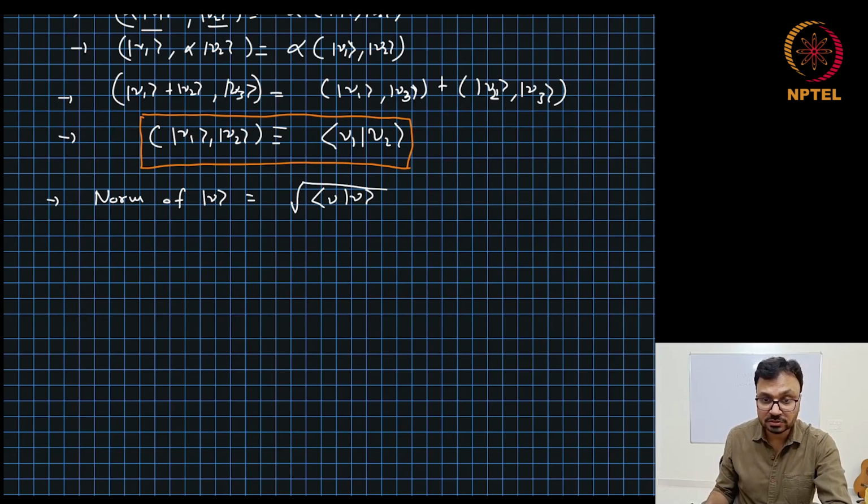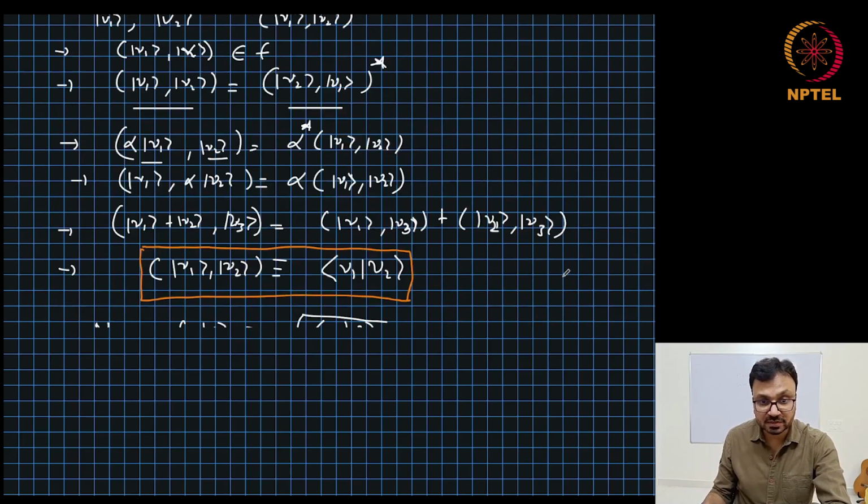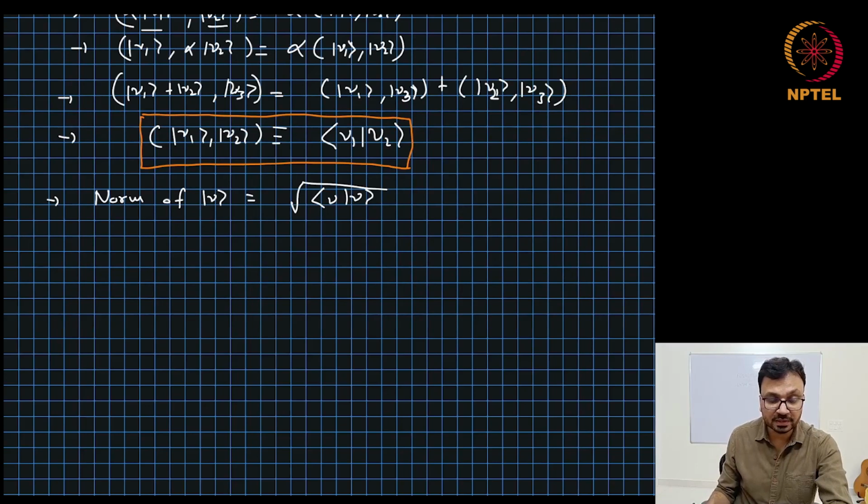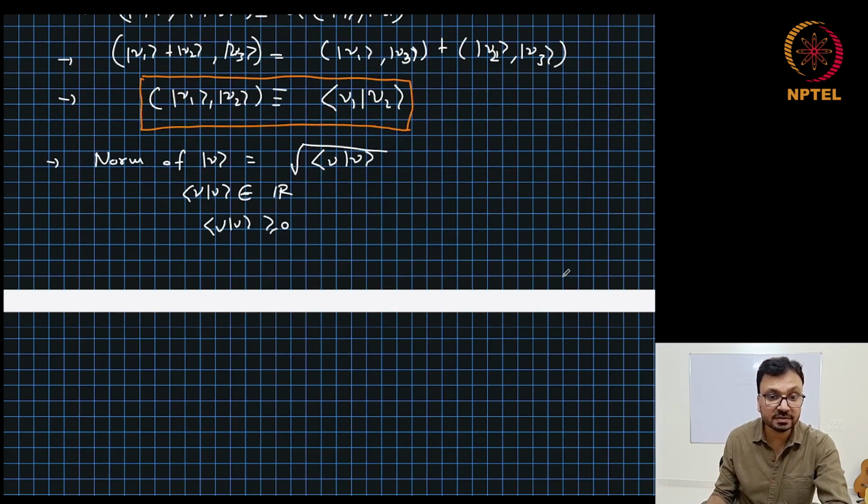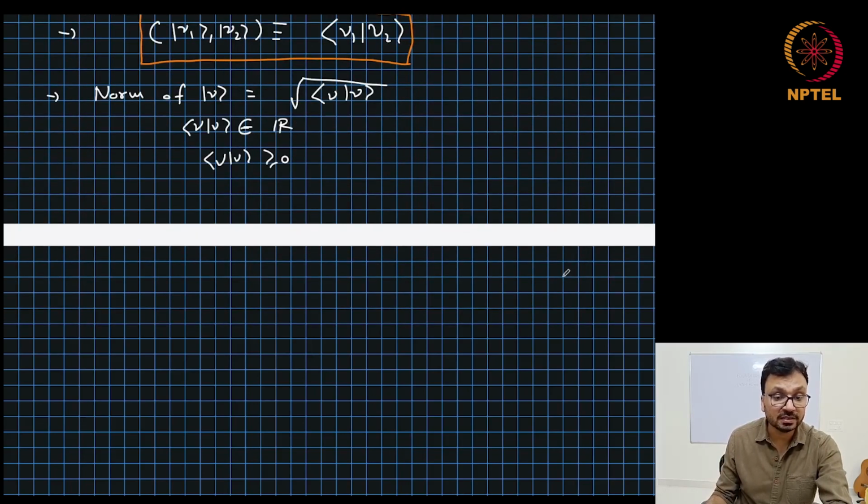And we can show, from the first definition of the inner product, that the norm is a real number. Not just that, it is also a positive number, and equality to zero holds only for the null vector. Every vector other than the null vector will have non-zero norm.